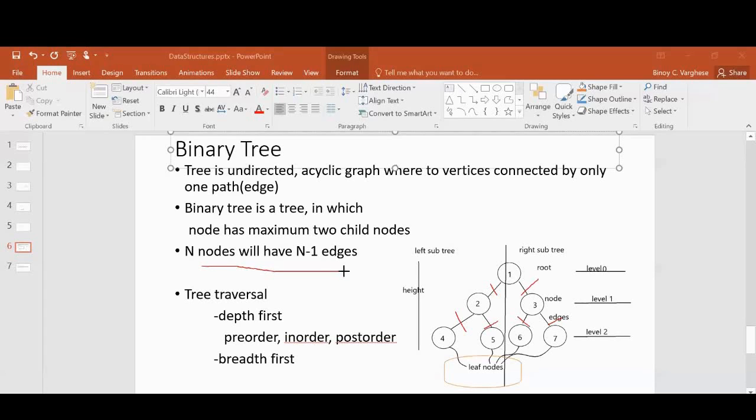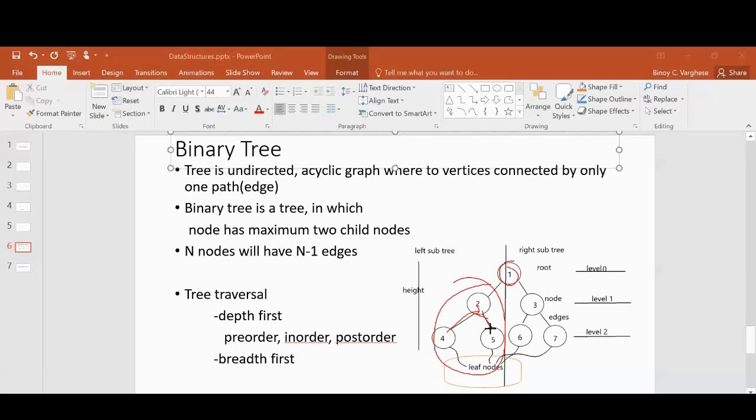Okay. Another terminology we often hear: for example, we start with node 1, and that node is called the root. On the left-hand side, we can say there is another tree, correct? It starts with 2, and its children are 4 and 5.